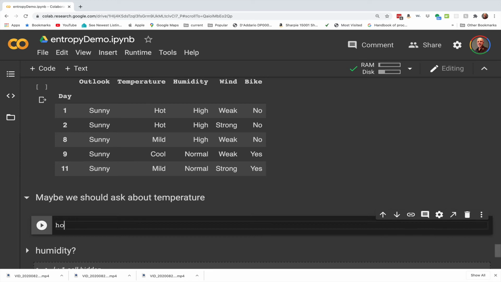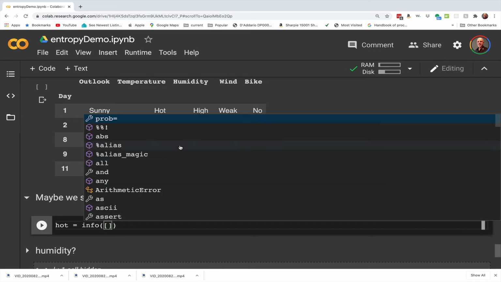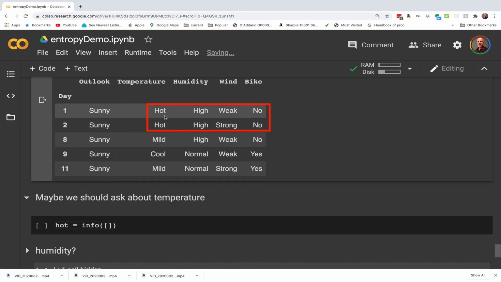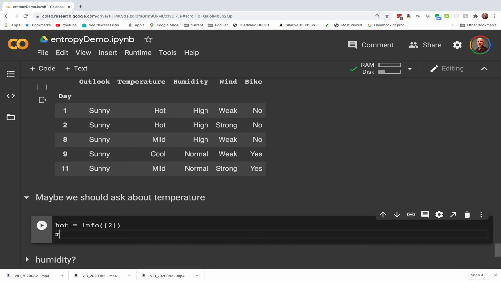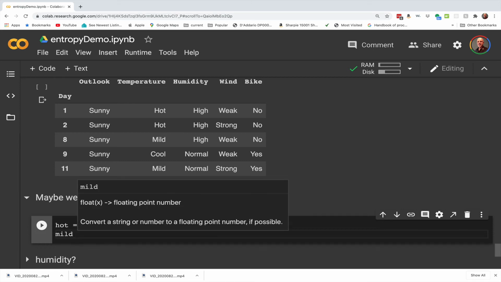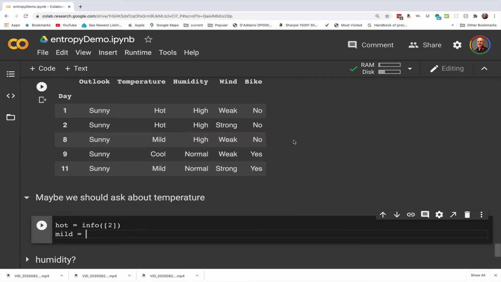So let's do this. So we'll say hot equals, now I have to do some counting. Whoops. So when it's hot, there were 2 cases of that and they both were no. So it's just info 2. Mild equals, there were 2 cases there, once the person biked and once the person didn't bike.